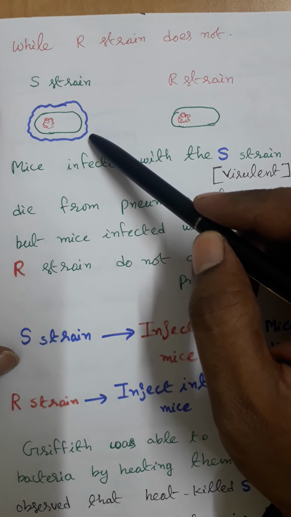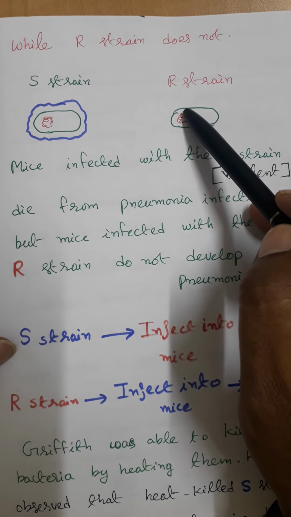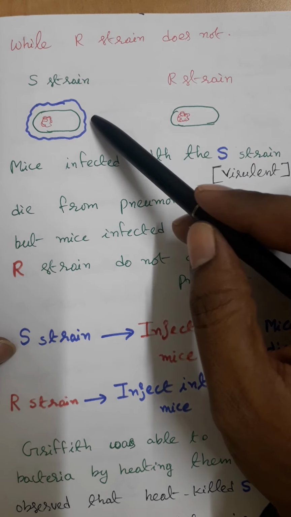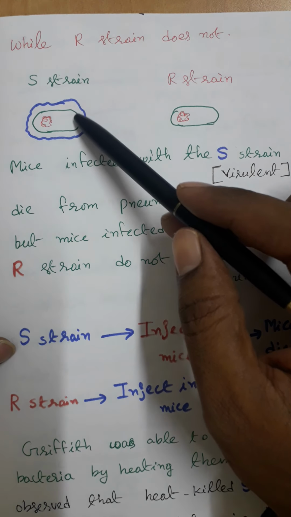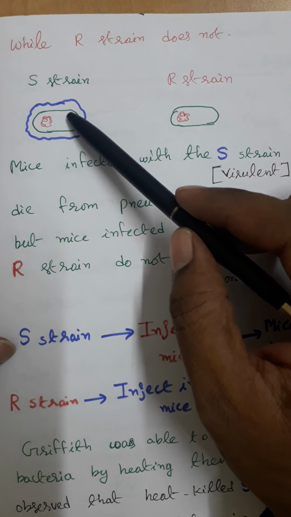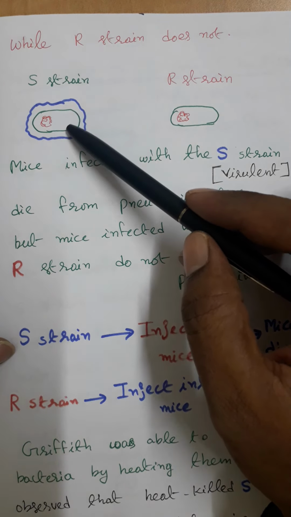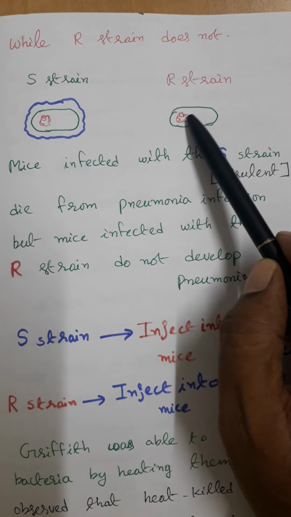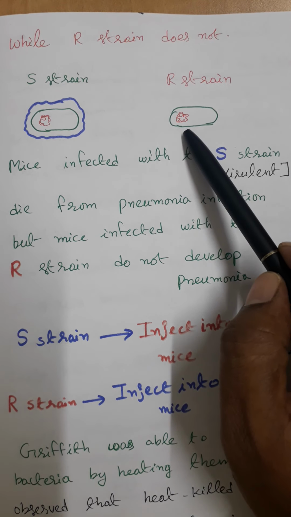What are the differences you observe between the S strain and R strain? In the S strain, the polysaccharide coat is present around the cell wall, whereas in the R strain, the polysaccharide coat is absent.